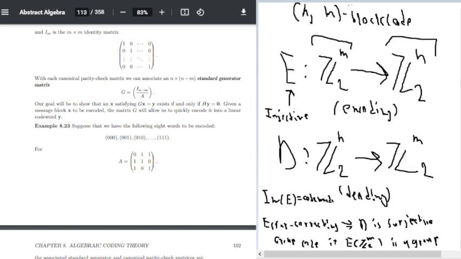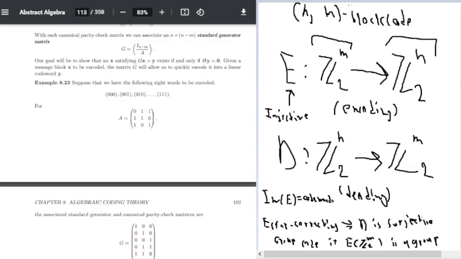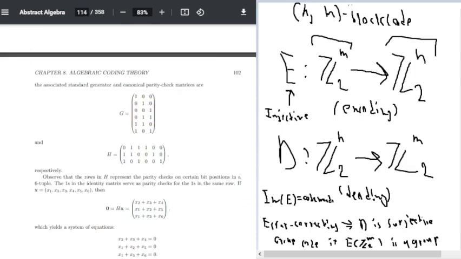Example 8.23. Suppose that we have the following 8 words to be encoded: 000, 001, 010, all the way up to 111, so all the binary 3 tuples. For A equal to 011, 110, 101, the associated standard generator and canonical parity check matrices are as follows.